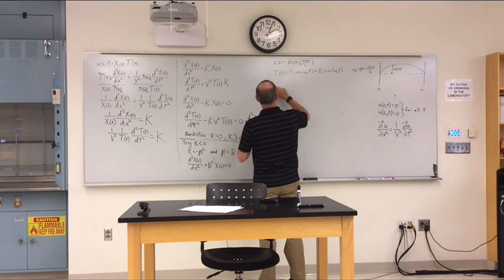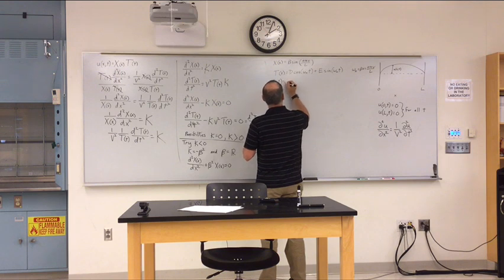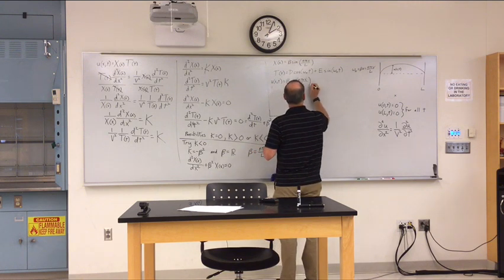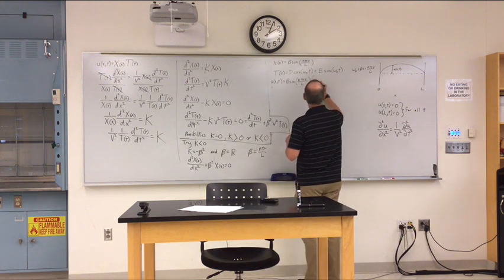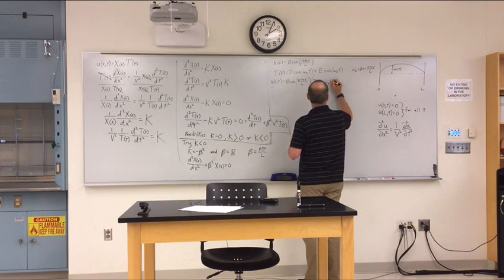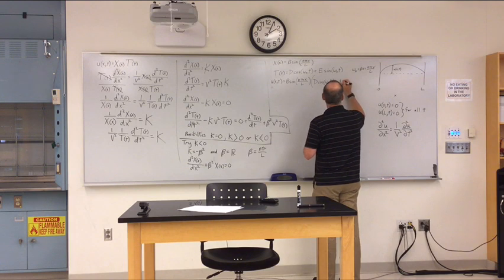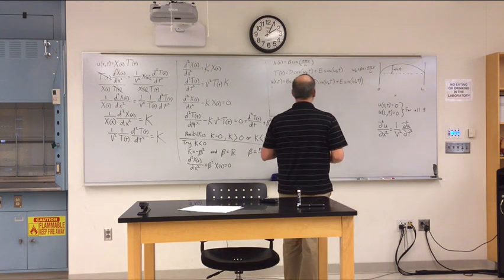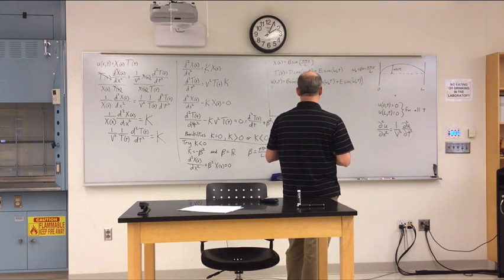So U of x comma t is equal to B sine n pi x over L times D cosine omega n t plus E sine omega n t.